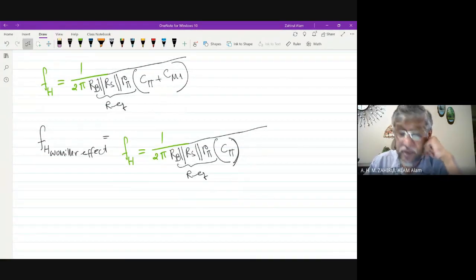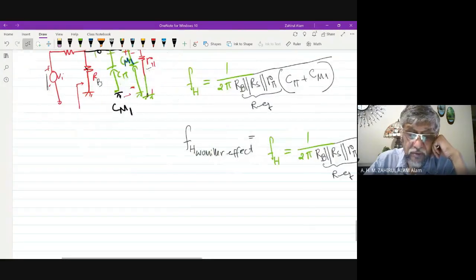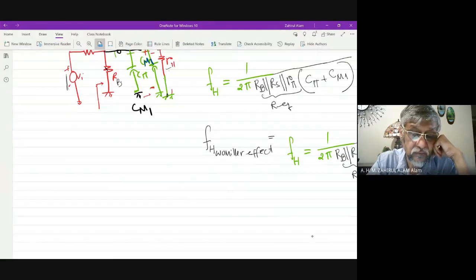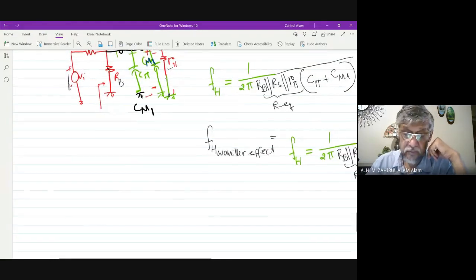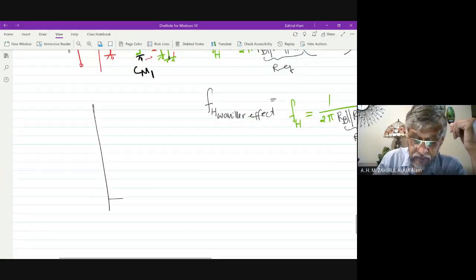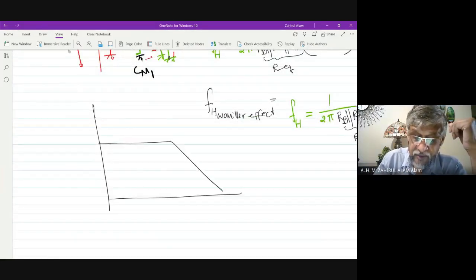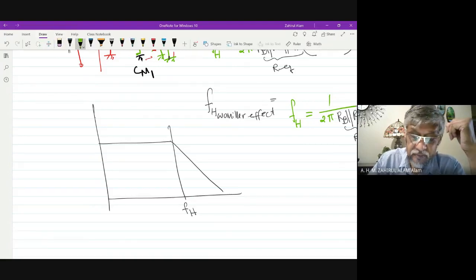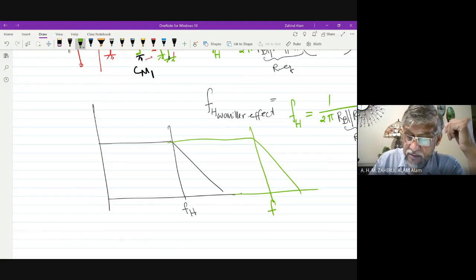Now if you draw the frequency curve, then this is the corner frequency due to the Miller effect, and this is the corner frequency without Miller.